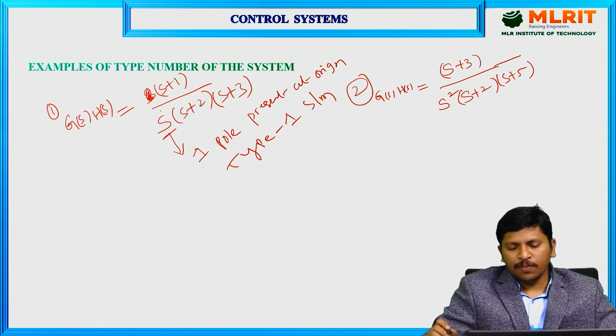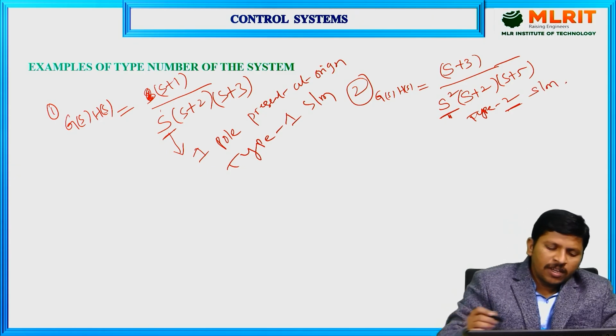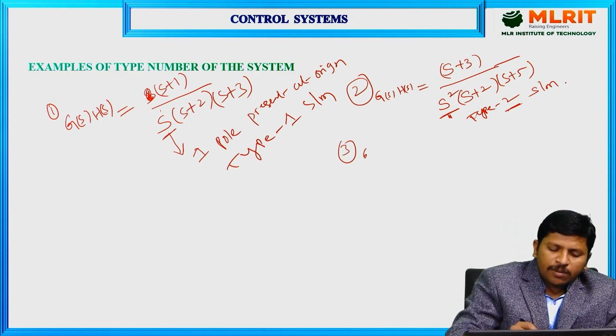Observe what the type number is here. The type number indicates the number of poles present at the origin. How many poles are present here? S square, two poles are present at the origin. Then the type number is 2, so it is a type 2 system.